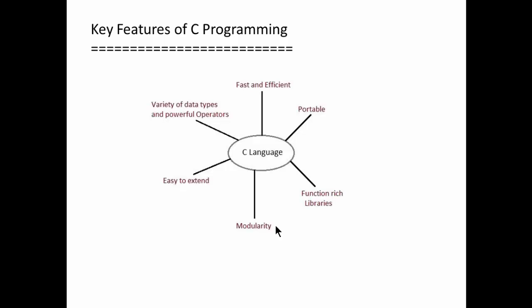Okay, coming to the last feature to discuss, C consists of a rich set of operators and a variety of data types. C contains the basic data types like int, char, float, and double. In addition, it also has various data types in the form of qualifiers, like long int and short int, and also signed and unsigned integers.